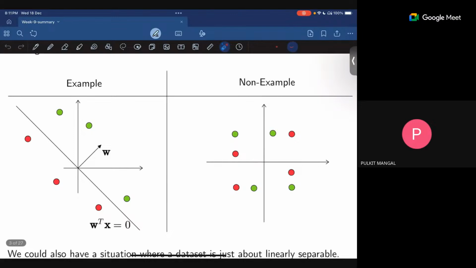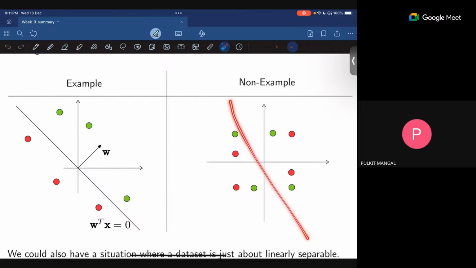Just like this example, on the left-hand side we have class red on the left side of the linear classifier, and class green on the right side. This classifier W transpose X equal to 0, that is this line, perfectly separates both classes. On the right-hand side is an example of a non-linearly separable dataset.